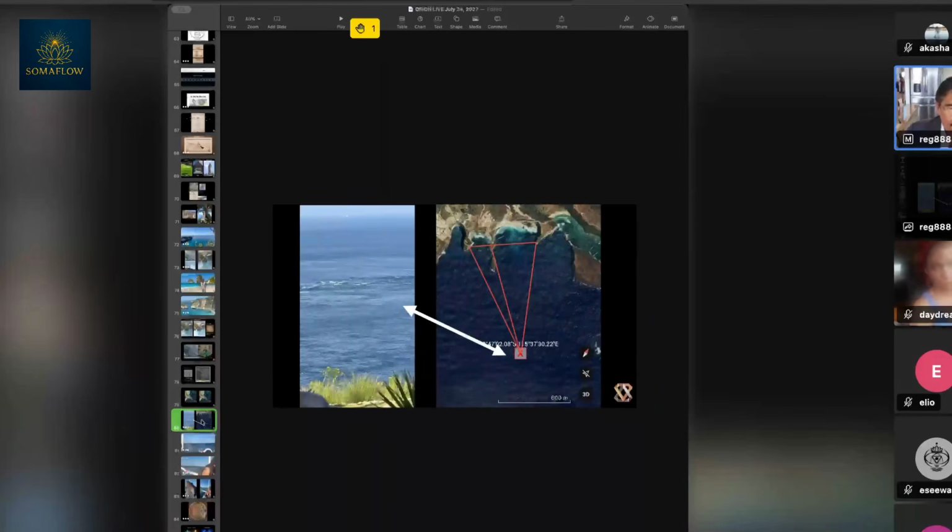And look what I find. That exact spot where the vortex was out of the water on the backside of the resort.